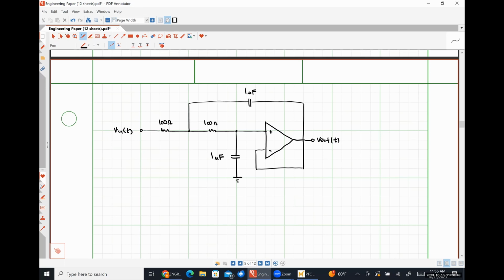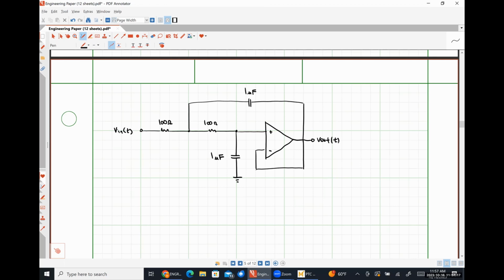The most obvious way that this circuit is different than the filter circuits that we looked at in circuits 2 is this is an active filter because it contains an op amp, right? So passive filters would not have an op amp or anything like it. It would just be some combination, you know, an RLC circuit or something like that, where we are looking at particular voltage drops across different elements to give us different responses.